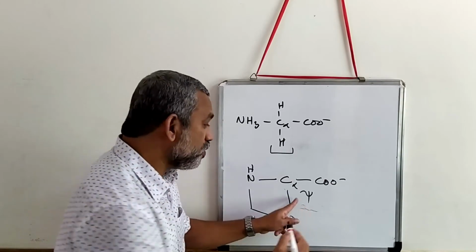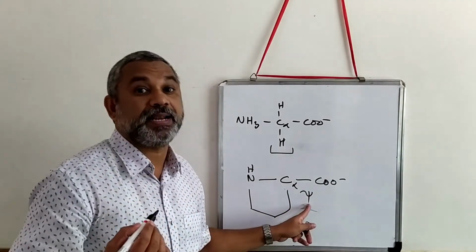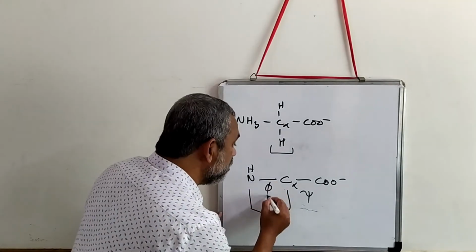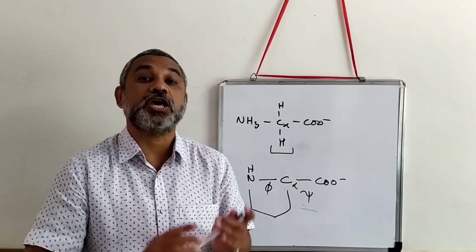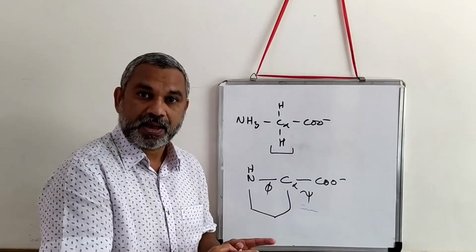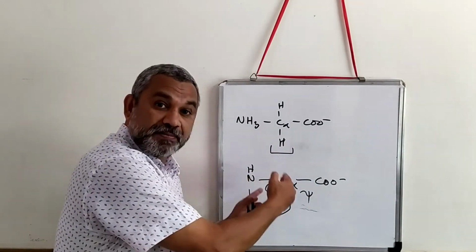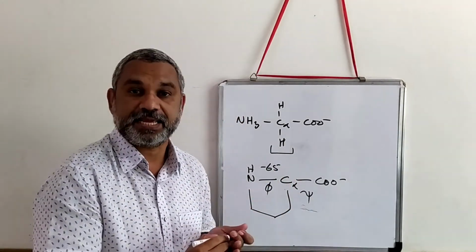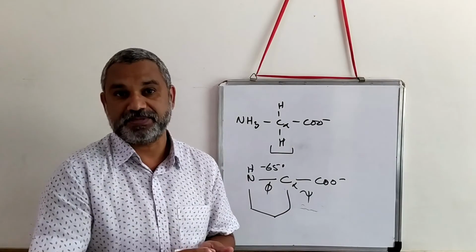Now there will be rotation permissible around the psi bond, whereas when it comes to the phi bond, rotation is not permissible. It's minimum, and the rotation that is permissible around this is about minus 65 degrees.